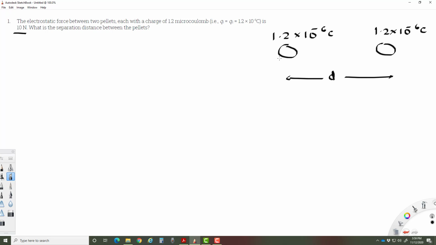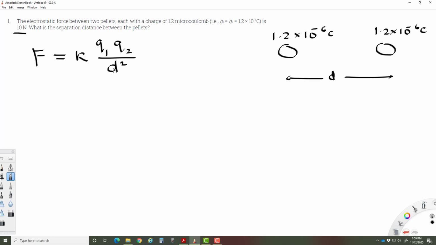So we will use this formula for the force between two charged particles. Force is equal to some constant k times q1 times q2 over distance squared.